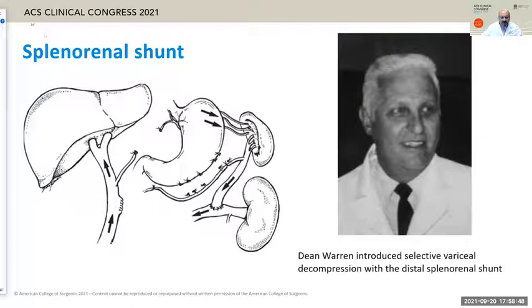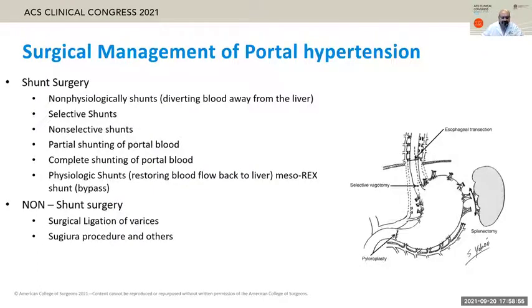But if you happen to be at a place where you don't have that ability, then I think that is a potential option. As far as surgical management of portal hypertension, we mentioned shunts, we mentioned TIPS. Non-shunt procedures, Dr. Sugiura's technique and other described surgical ligation techniques are available, but these are primarily of historical nature.